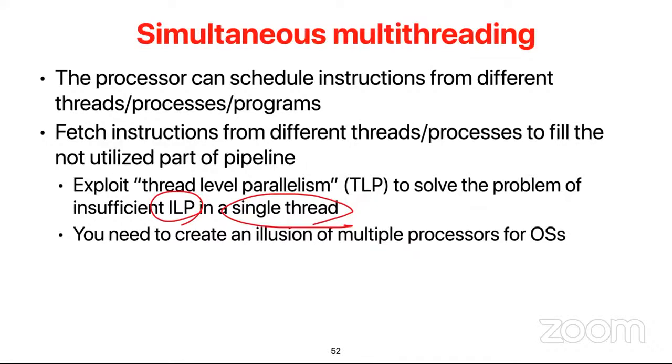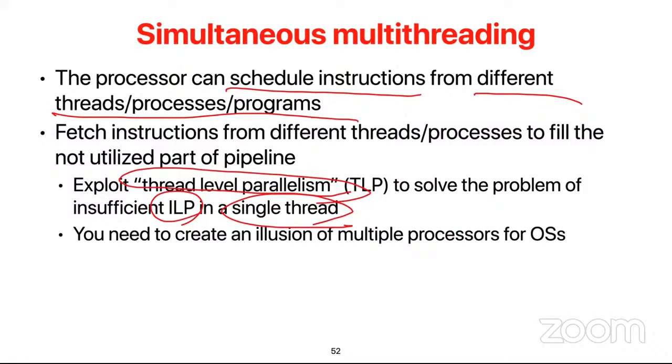So what if we try to exploit thread level parallelism, meaning that we are able to schedule instructions from different threads, processes or programs to execute in the same superscalar pipeline? The microprocessor itself is still a single processor. However, it presents an illusion of multiple processors to the operating system.